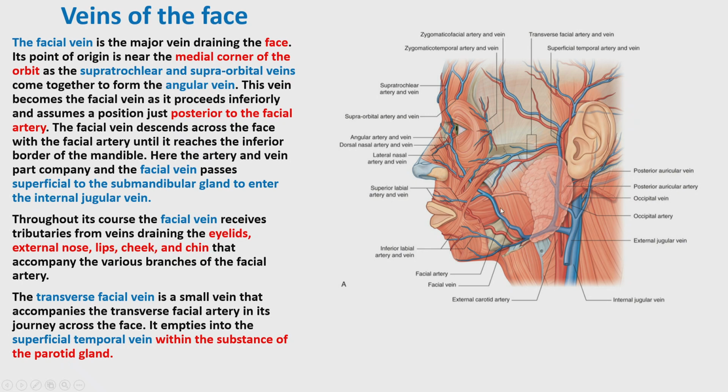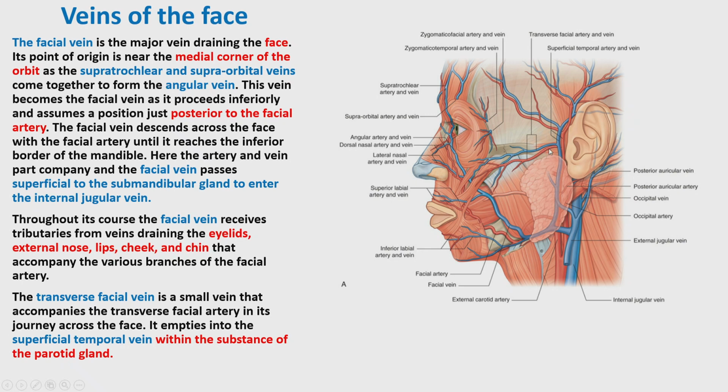And the facial vein is usually straightforward. Second, the facial vein is posterior to the facial artery, as you see. Third, which is very important clinically when operating on the submandibular gland, the facial vein is superficial to the submandibular gland, but the facial artery is deep to the submandibular gland. These are the three differences.